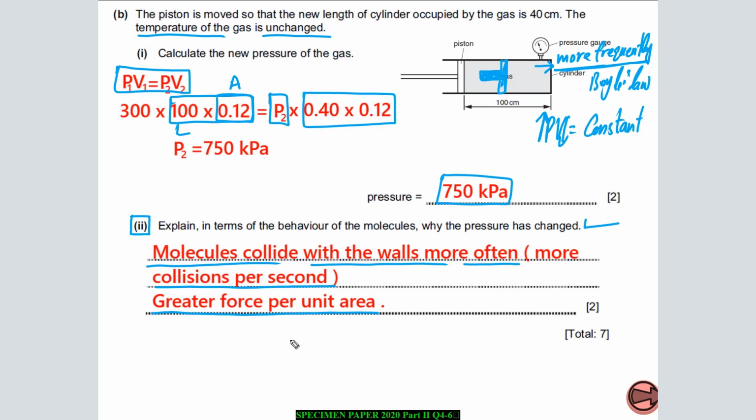They apply force again and again, so greater force per unit area. Simply, P is equal to F over A. If the force increases, P has to increase. So this is how we can answer question number 5.